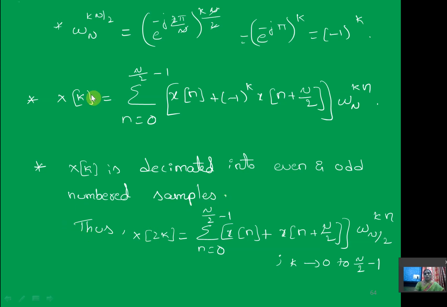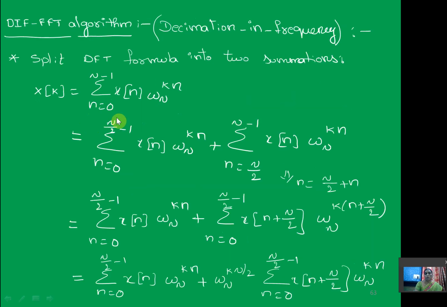That means X of 2k, substitute 2k in the place of k, and substitute 2k plus 1 in the place of k, to get the even and odd number samples of X of k. So here X of k we have one form, a different form from this one, right?